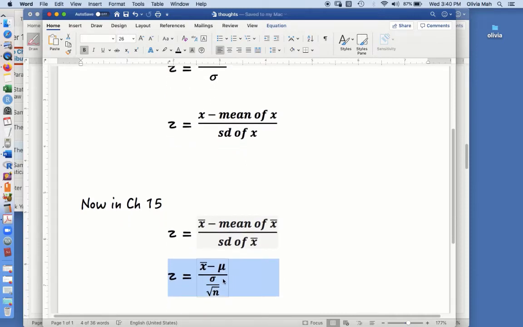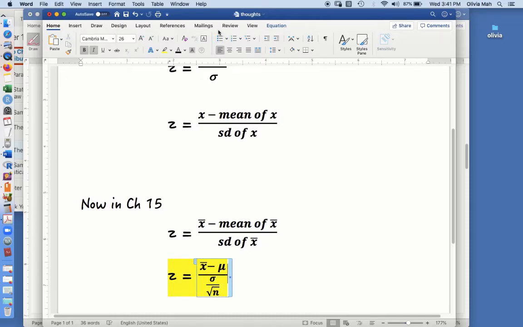And we want the denominator to be the standard deviation of x bar, not x anymore. The standard deviation of x bar is sigma divided by square root of n. So this is the new formula that we're going to use from now on.